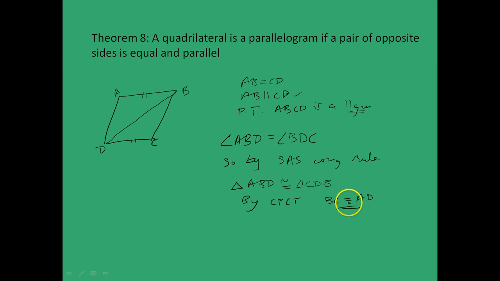So we have proved that BC is equal to AD.